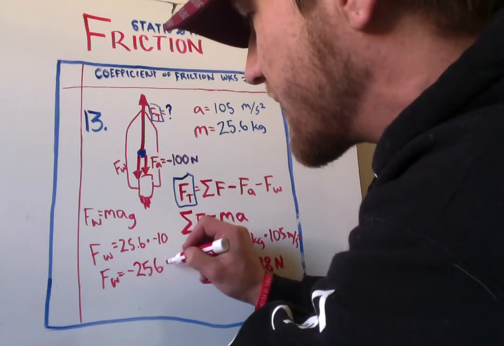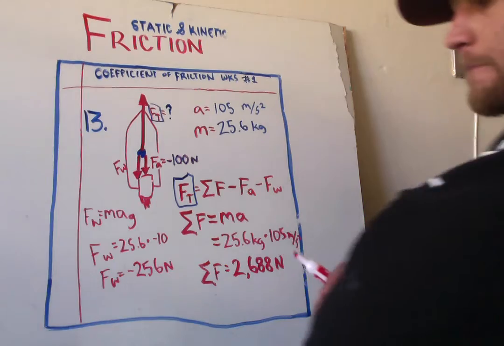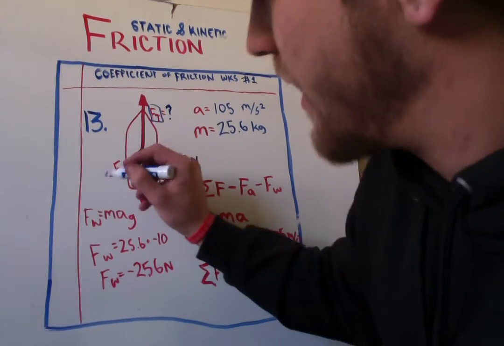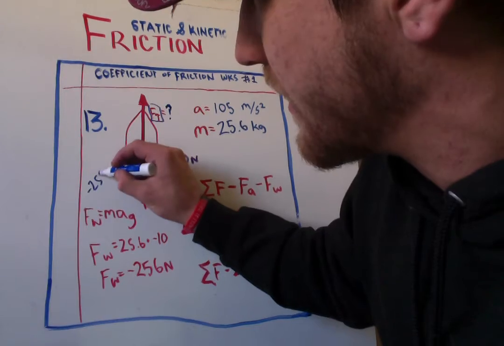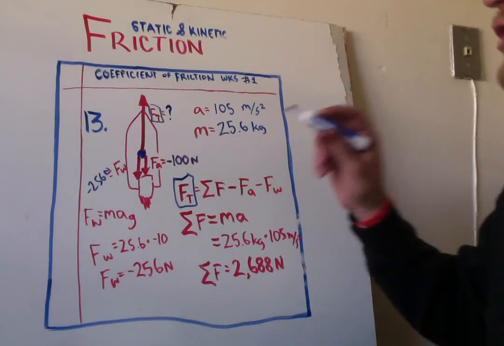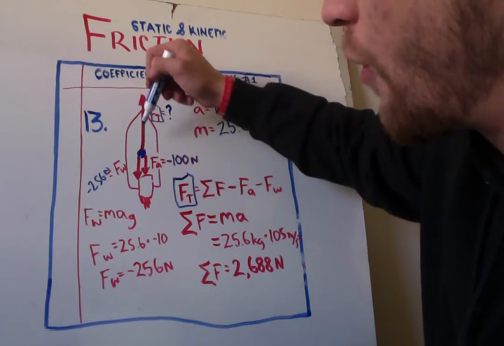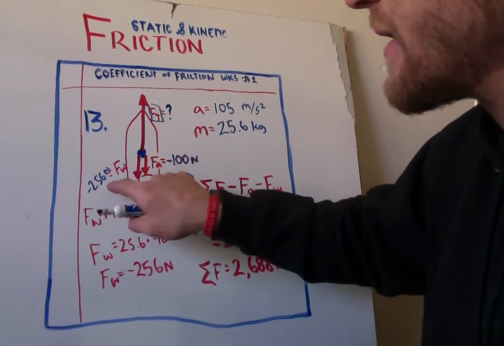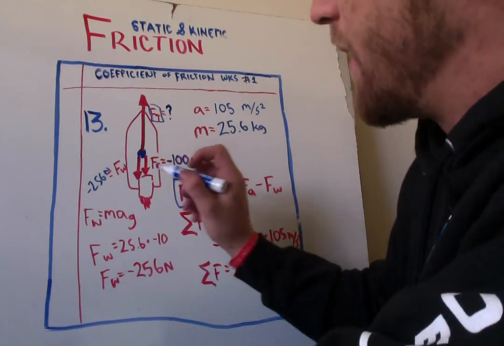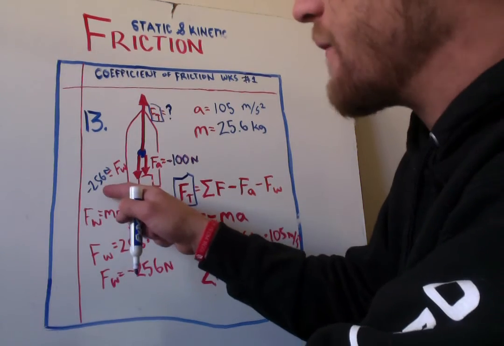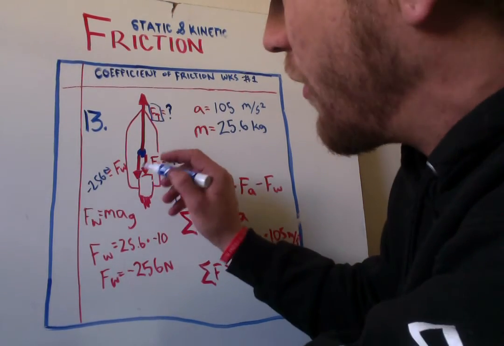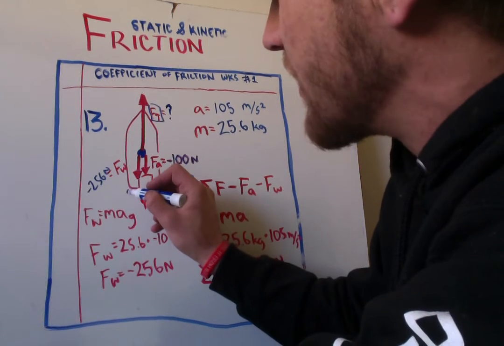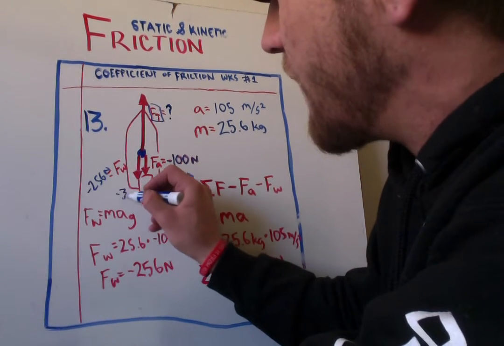Negative 256 newtons. Okay? So we add this up. That's negative 256 newtons. All right, now the total vector force pulling this rocket downward would be these combined, right? So if you take negative 256 and you add negative 100, you would get a net downward force of negative 356.